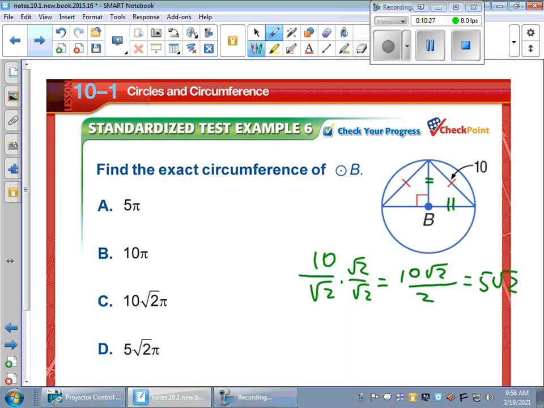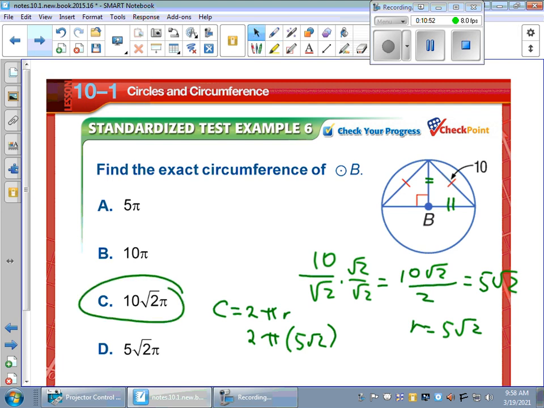And that represents the radius. So radius equals 5 square roots of 2. Remember, circumference is 2 times pi times r. So that's going to be 2 times pi times the 5 square root of 2. So when you multiply that 2 times the 5, you get 10 square roots of 2 pi. So final answer would be C.